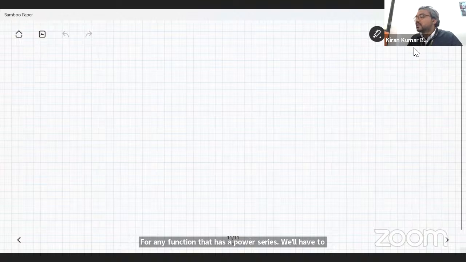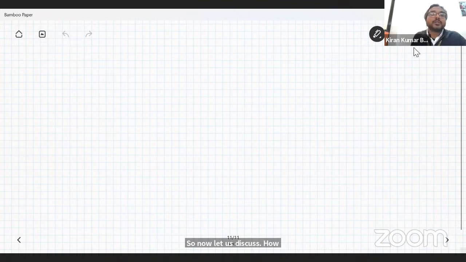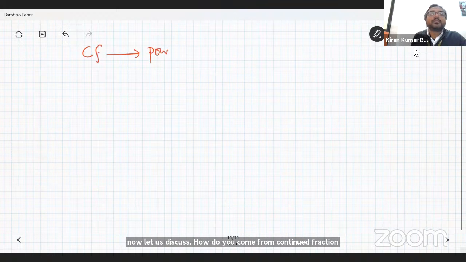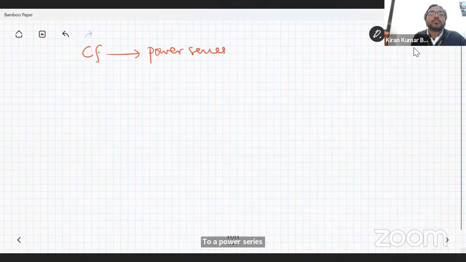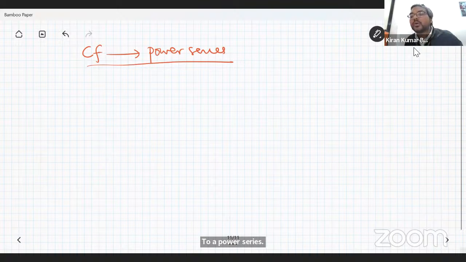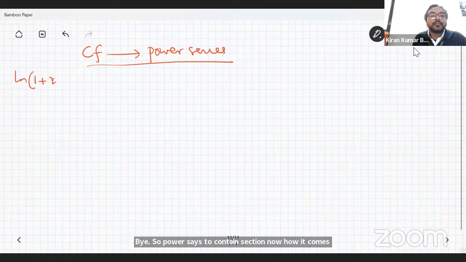So now let us discuss how we come from a continued fraction to a power series, right? So we saw power series to continued fraction. Now how do we come from continued fraction to power series? Again, let us start with this ln(1 plus z).